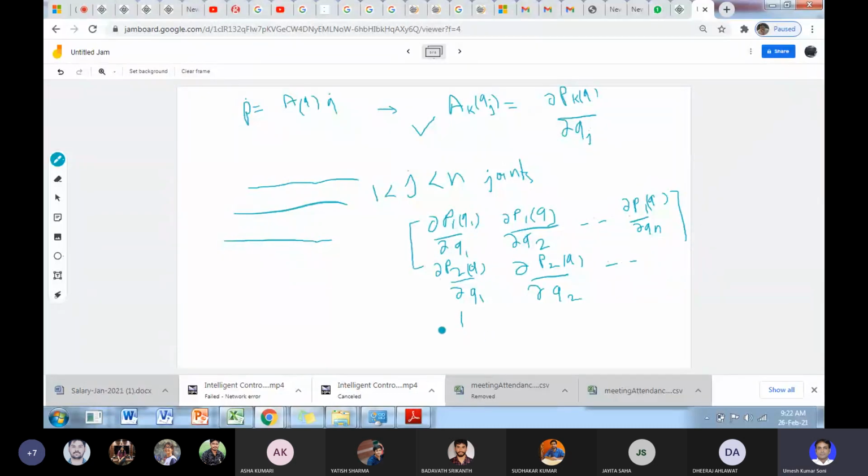In the same way you have third number row. So totally A will contain the 3 rows and n columns. This is number of joints and 3 is set itself.